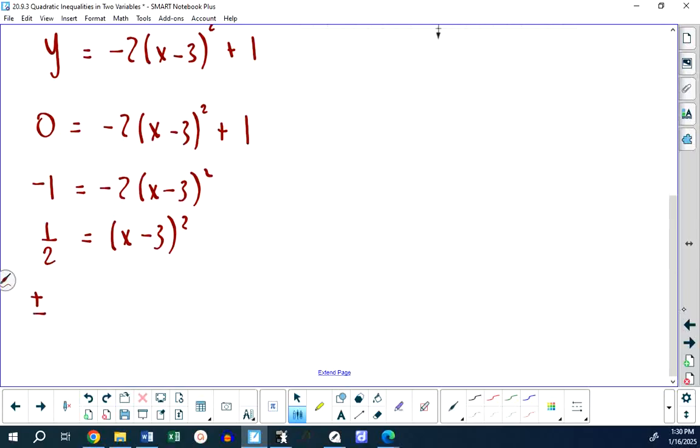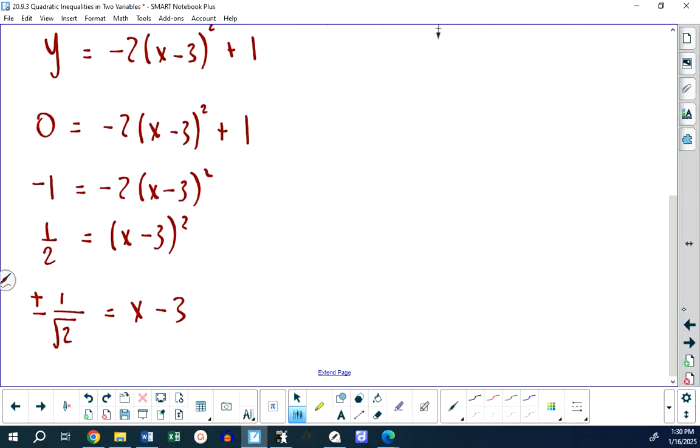Of course, when I take the square root, I have to go plus or minus, and I wrote plus or minus 1 over root 2 because the square root of 1/2 means the square root of 1 over the square root of 2. And the square root of 1 is 1.